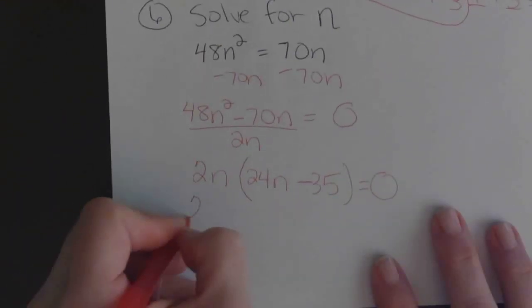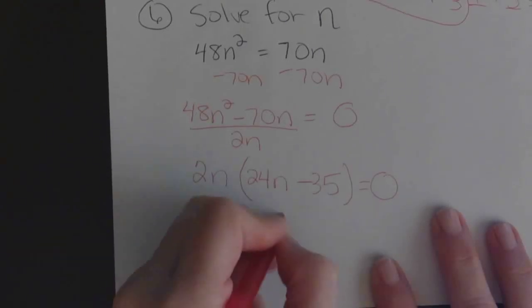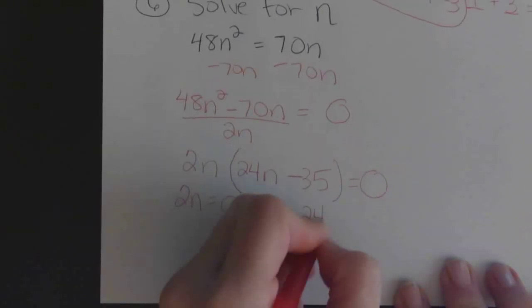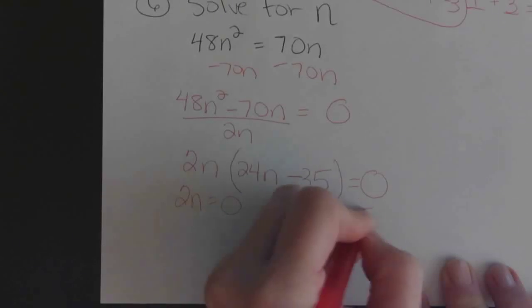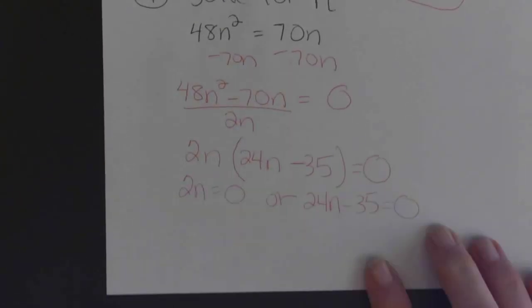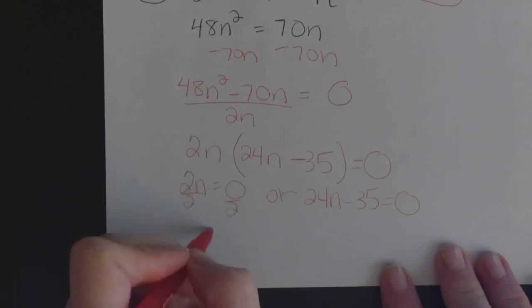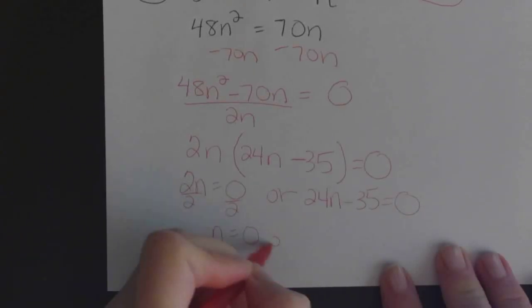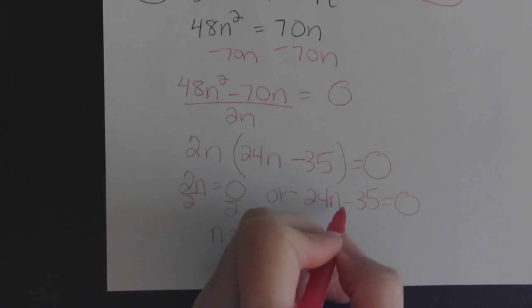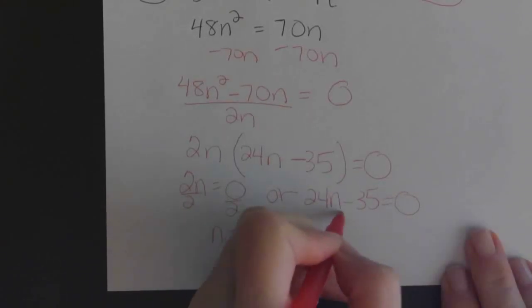And now I can set this equal to 0 because I have 2n. It's not like back here where I just had the 2. So I'm going to have 2n equals 0 or 24n minus 35 equals 0.